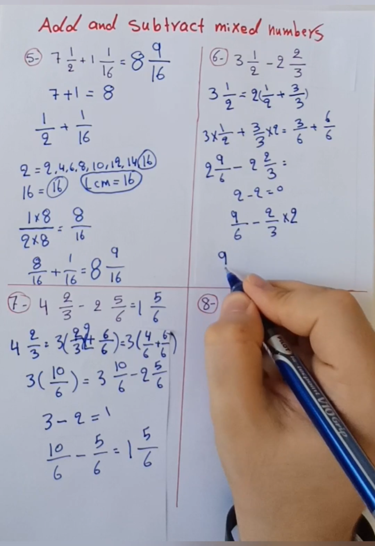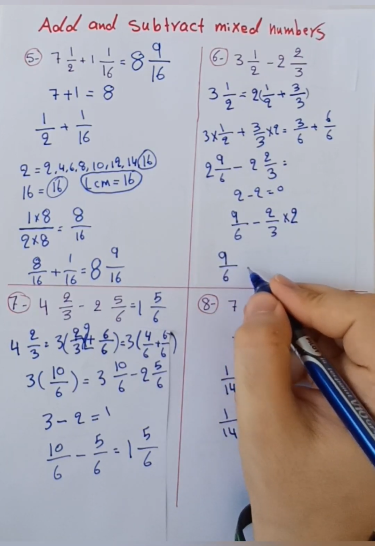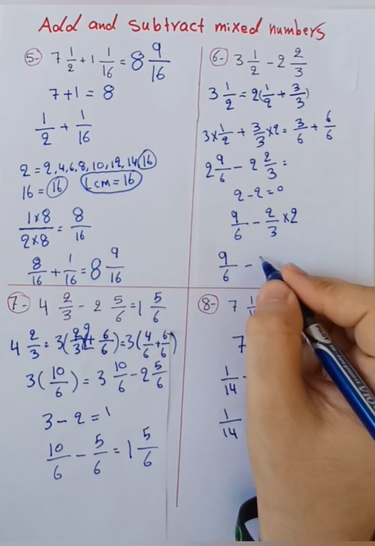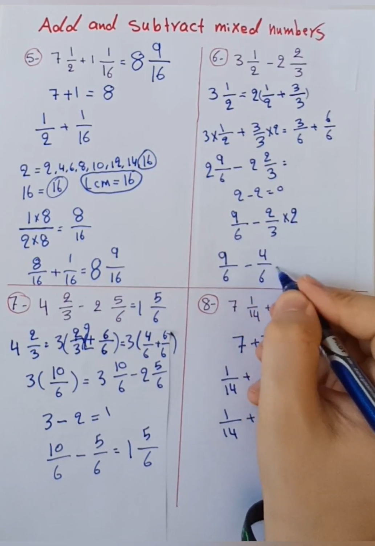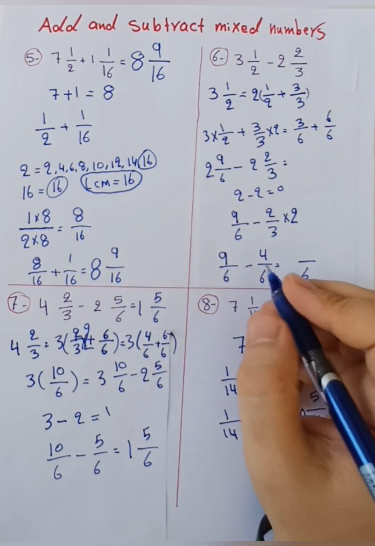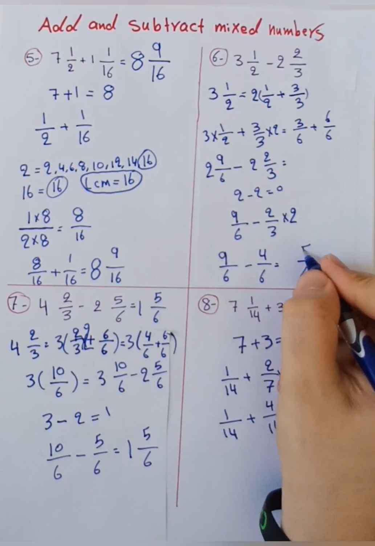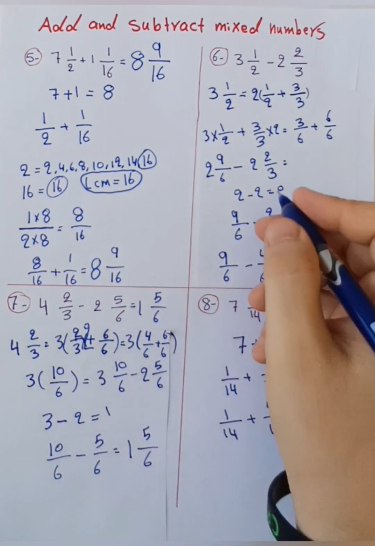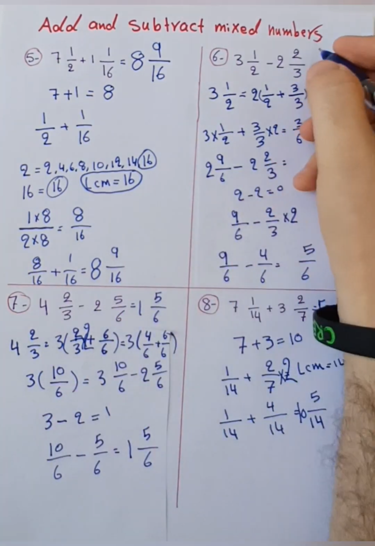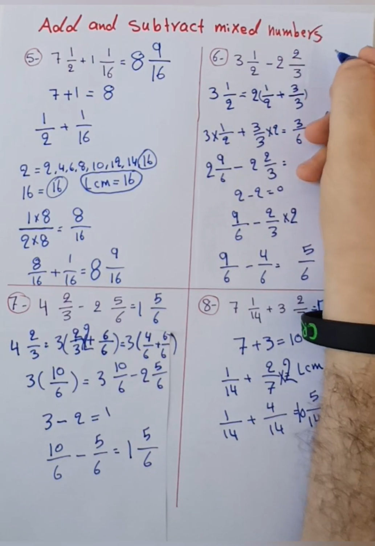So we have 9 out of 6 minus 2 times 2 is 4, 2 times 3 is 6. We have to write 6 as a denominator, and then 9 minus 4 is 5. And the whole number is 0, it doesn't need to be written. So the difference between these two mixed numbers is 5 out of 6.